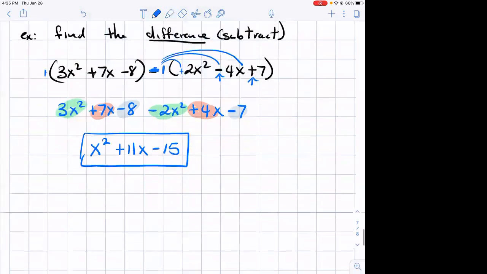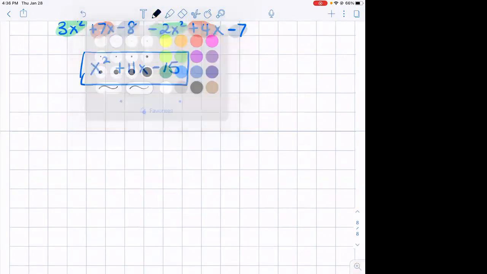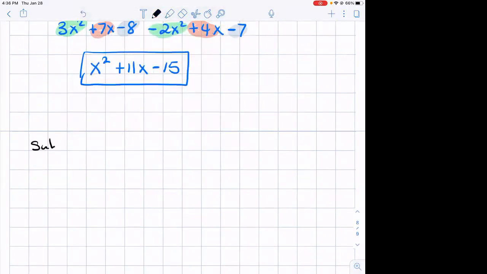Now, let's look at a simple polynomial. Suppose I said in words to you, subtract 3 from 5. Think about that for a minute. Subtract 3 from 5.